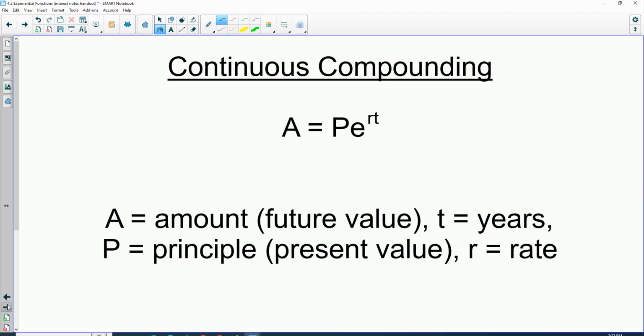So if it is continuous, it's A equals P e^(rt). It's fewer variables than the one before, but they mean the same thing. A is your future value, the amount we're going to have. P is our present value, what we have right now. R is the interest rate. T is time in years. E is a button on your calculator.